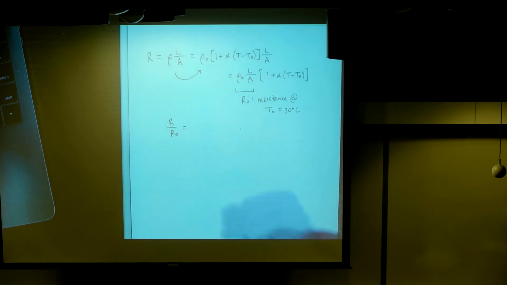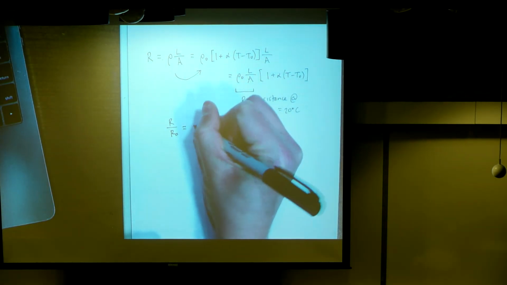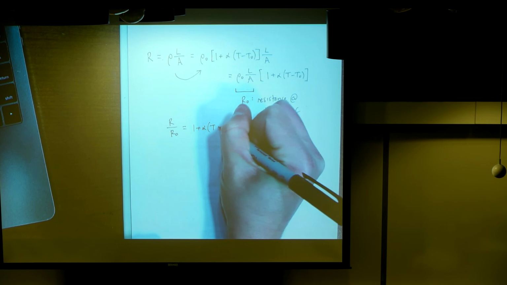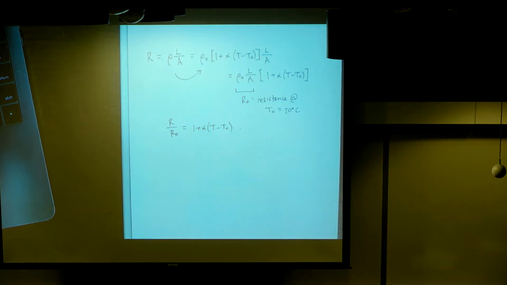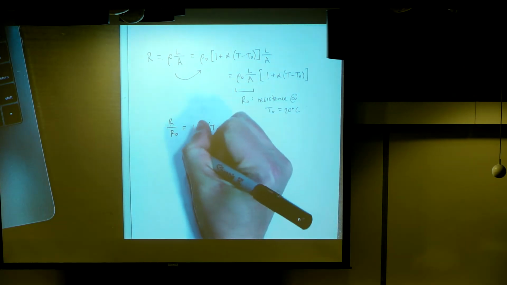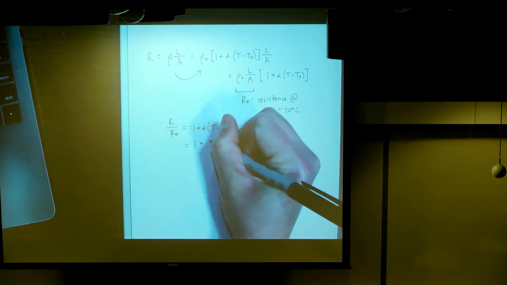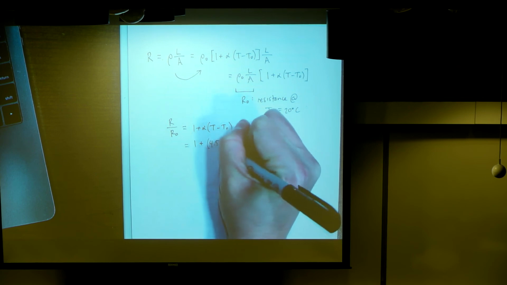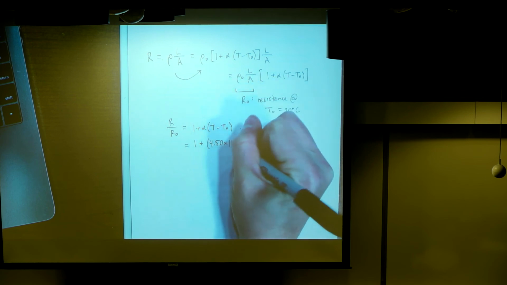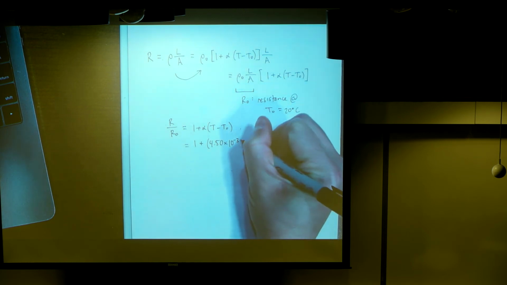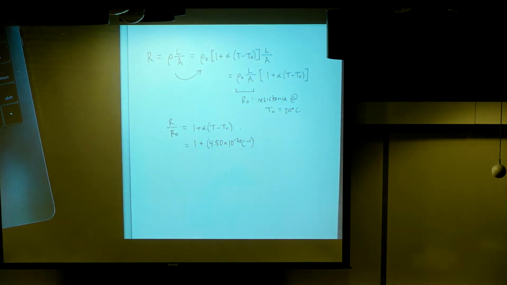So that's just 1 plus alpha (T minus T naught), because I'm dividing out this part. Okay? So here I have 1 plus alpha for tungsten. That's 4.5 times 10 to the minus 3 inverse degrees Celsius.